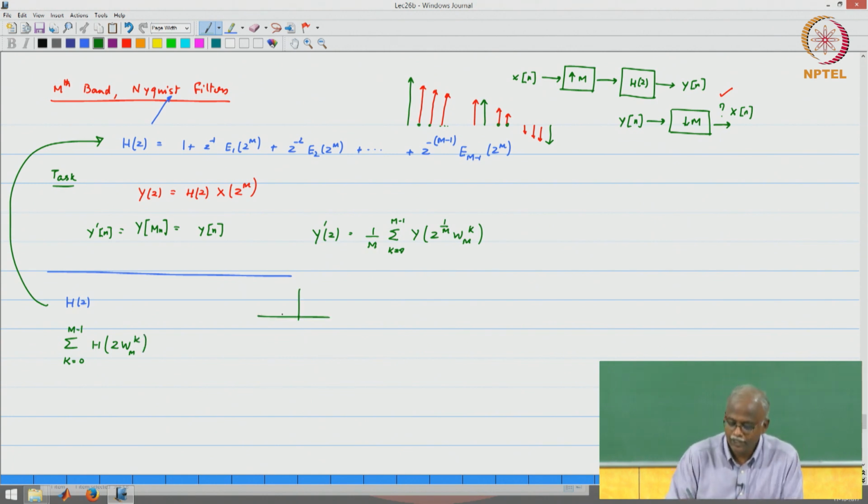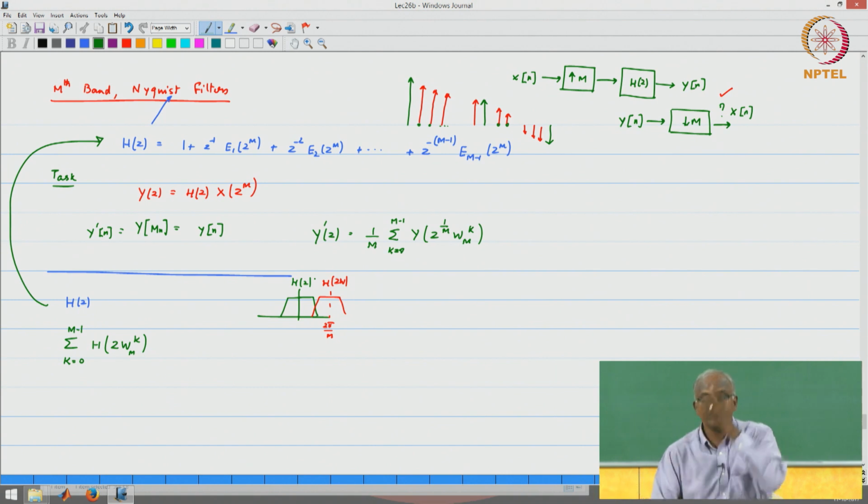If h naught of z was a low pass filter, this will be shifted by 2 pi over m. This is h of z w, if this was h of z. Okay, and now if you take all the shifted versions, remember h of z will have to be a low pass filter with cutoff pi over m, right, plus minus pi over m.